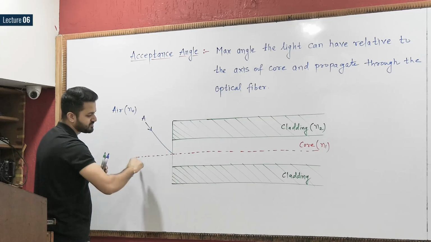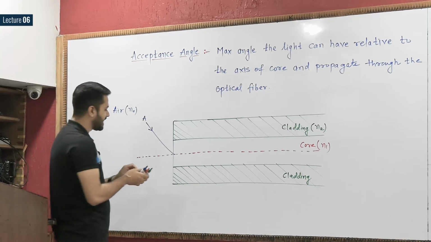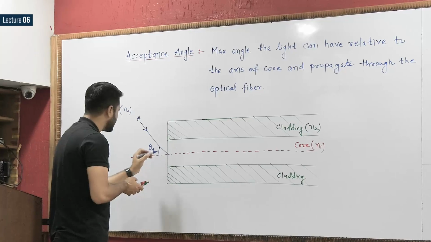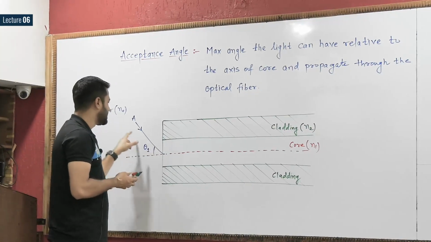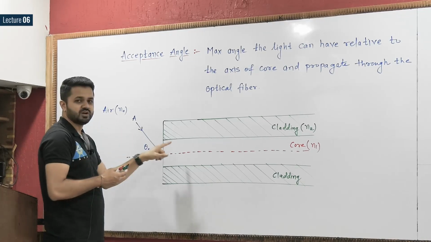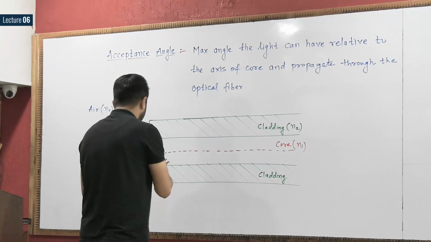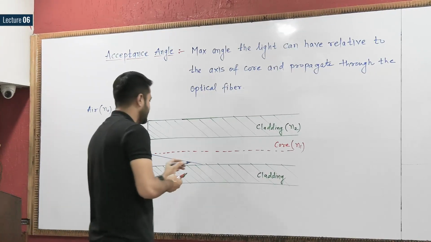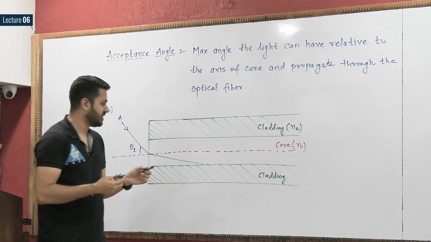The normal of this boundary is nothing but this red line, which is the core axis. So it will make an angle with the core axis. Let us say this angle is θ1. When it moves from rarer to denser, it moves towards the normal, so it will propagate towards the normal like this. Then from denser to rarer, it will move away from the normal.